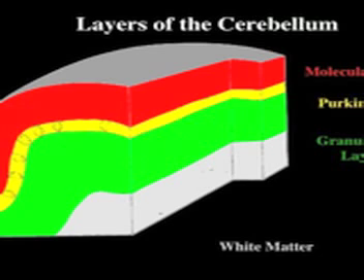The layers we've got are the so-called molecular layer peripherally, the Purkinje cell layer in the middle, which houses the cell bodies of the Purkinje cells, and the granular layer more deeply.